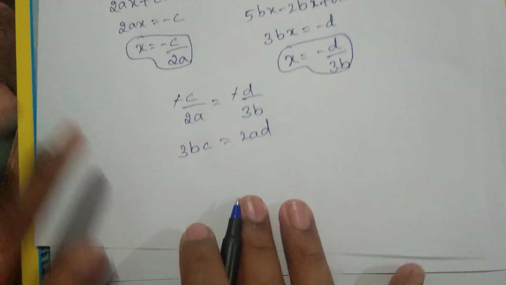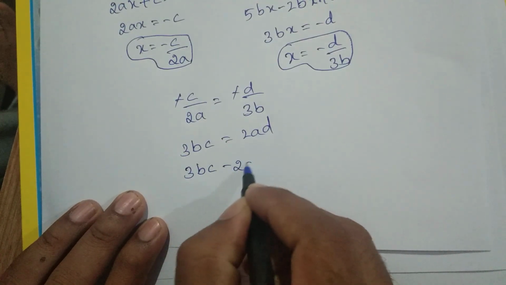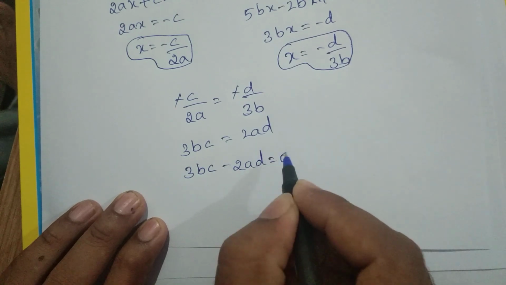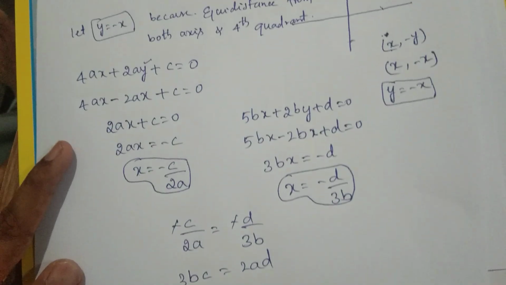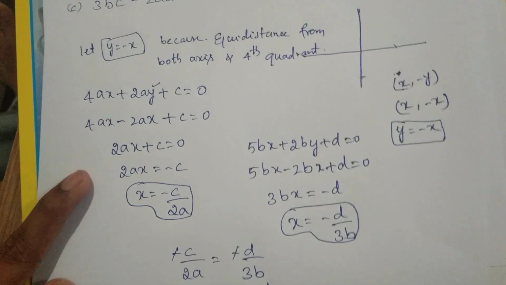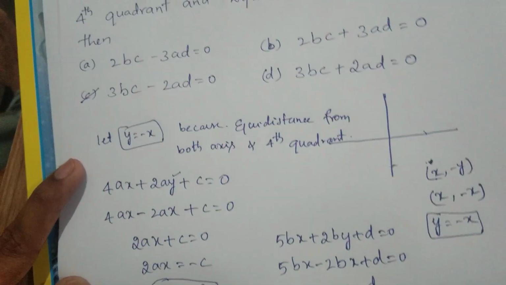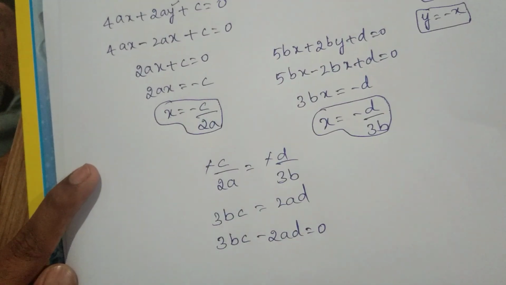That is nothing but 3bc minus 2ad is equal to 0. Which option is there? 3bc minus 2ad is equal to 0. Then it is option C. The third option is the right answer.